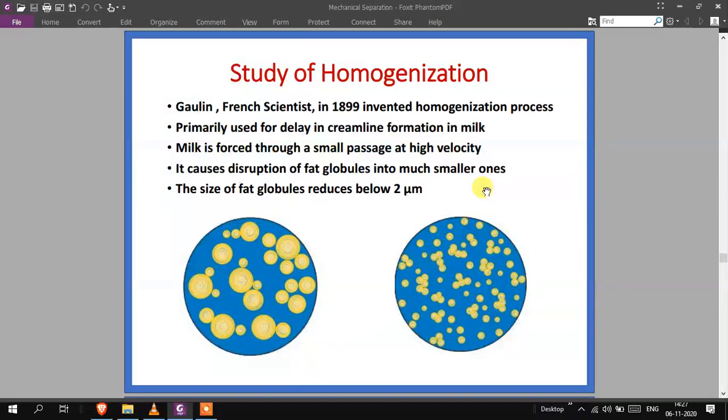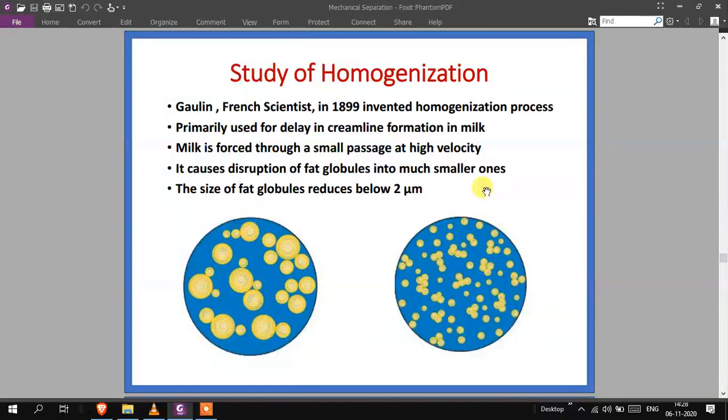You have experienced many times that when you keep milk as such on a table, after some time you notice the formation of cream on the surface of the milk. This thick portion of fat, which is called cream, can be found on the surface of the milk. That is called creaming or cream formation.